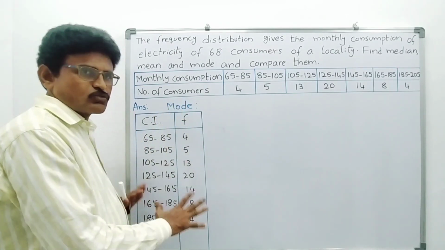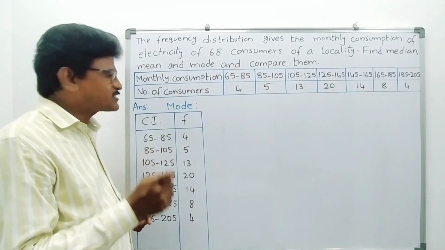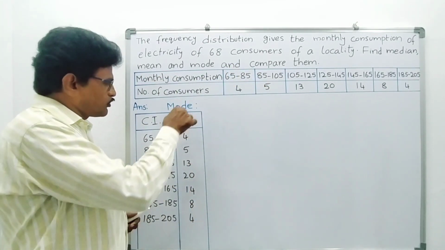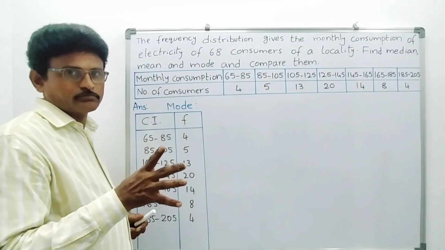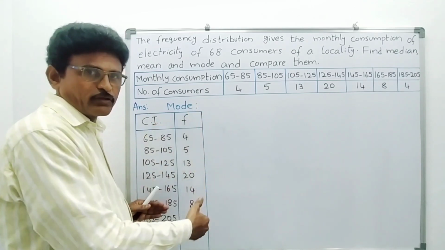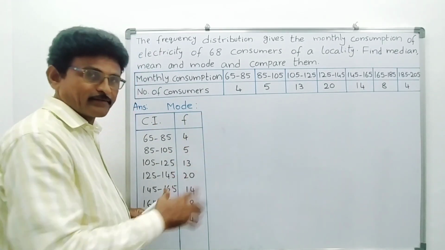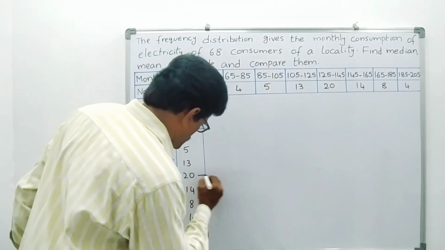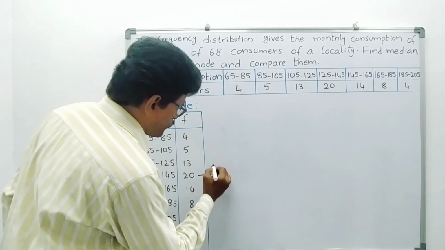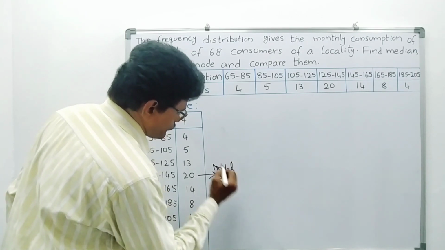Without plotting, directly we can solve the problem of how to find mode. Because to find the mode, you have to search the highest frequency. First one is class interval, second value is frequency. In this, which is the highest frequency? See, 20. This is the highest frequency, that means the modal class.